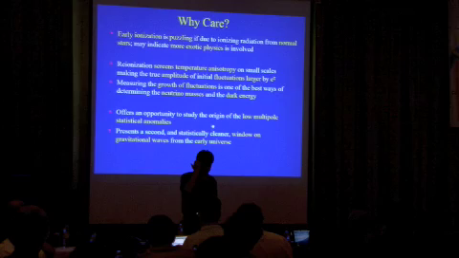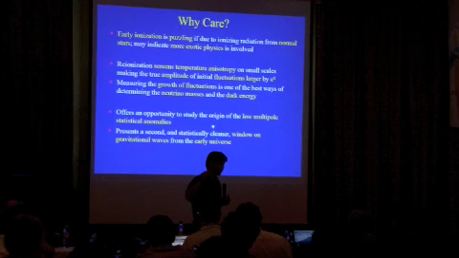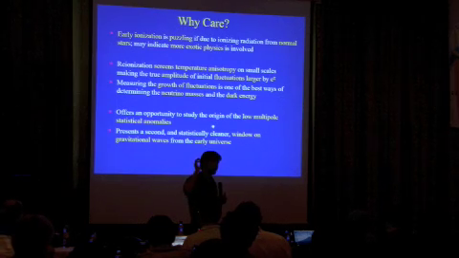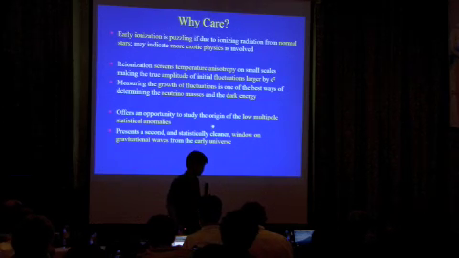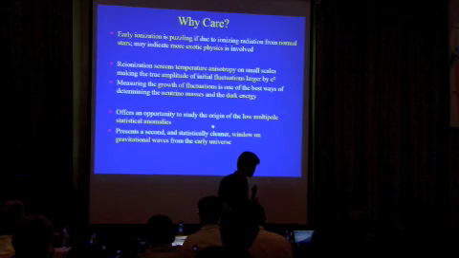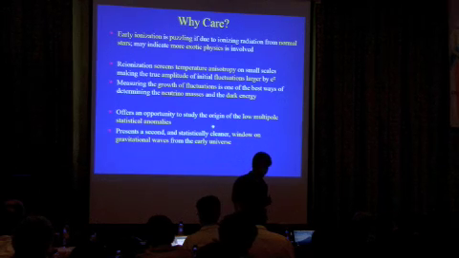And I'll give you two examples of how that might work. But the main thing is that it gives you another handle on the largest fluctuations in the universe. And it also presents, as well, a second window for looking at gravitational waves that I'll talk about in the second lecture.